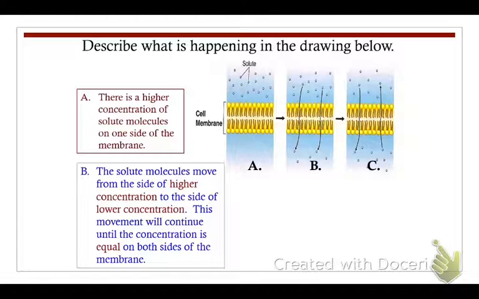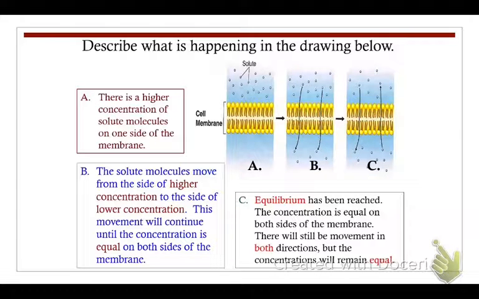From higher concentration to lower concentration until it is equal. Equilibrium has been reached in picture C. So now it's the same concentration on both sides. All right? The movement will be in both directions, but the concentrations will remain equal.